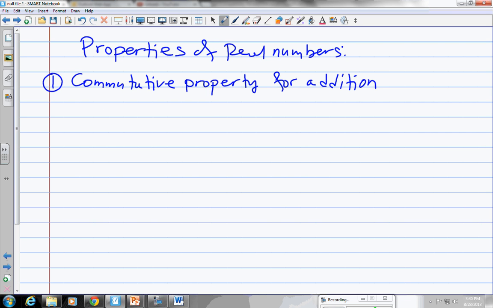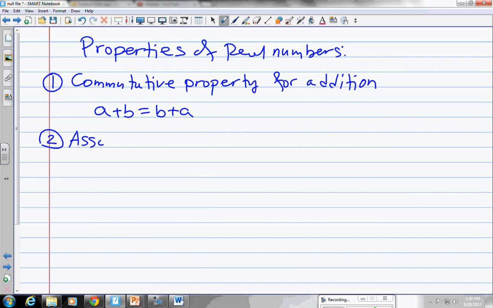Basically, all it says, A plus B equals B plus A. And we use that today. Where A and B are any two real numbers. Okay? A, B, and C are any real numbers. You'll see C shortly.